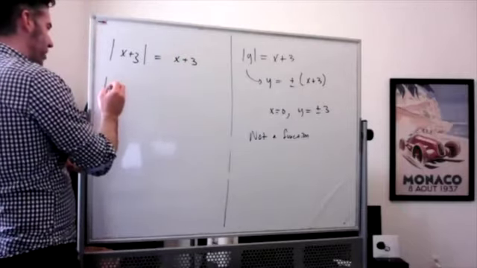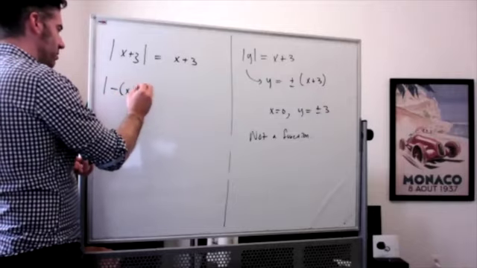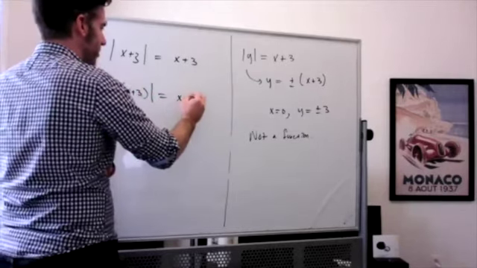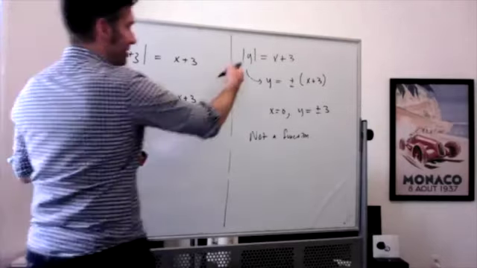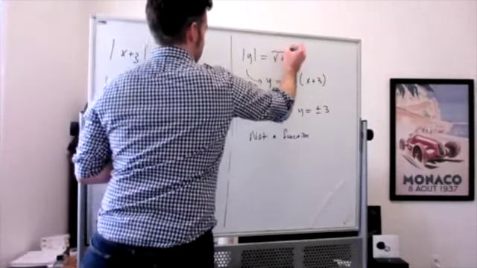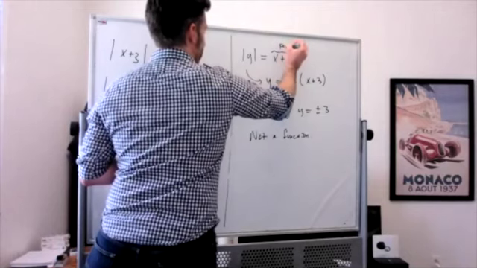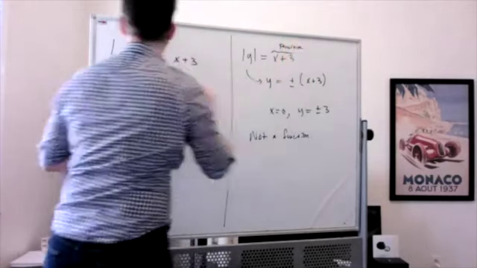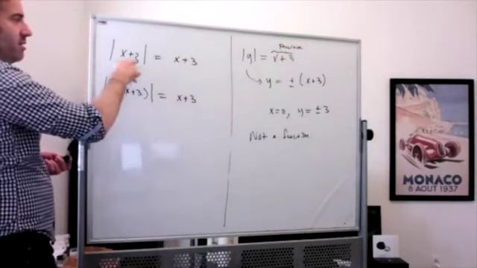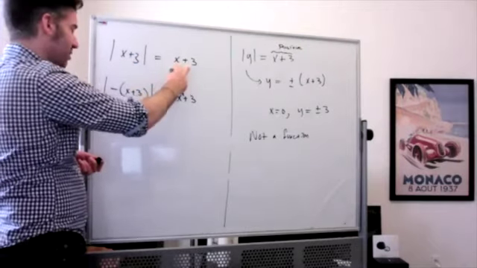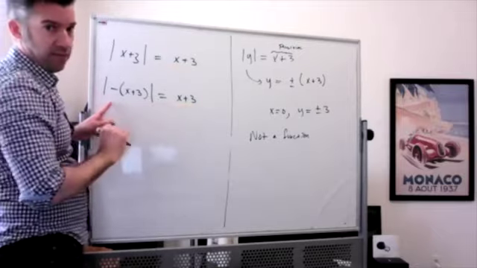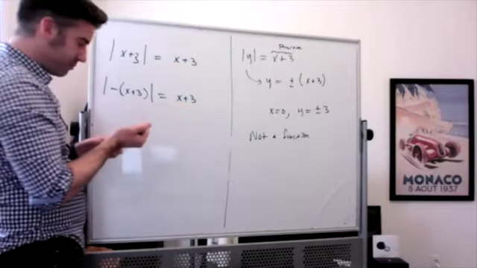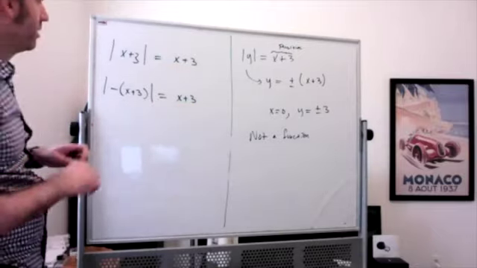So the absolute value of negative x plus 3 would equal x plus 3. Assuming x plus 3 is positive, right? For this to have solutions, this has to be positive. So the absolute value of a positive thing is equal to the thing. The absolute value of a negative thing is equal to the positive of that thing. Okay, thank you. You're welcome.